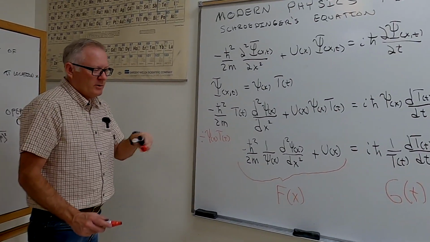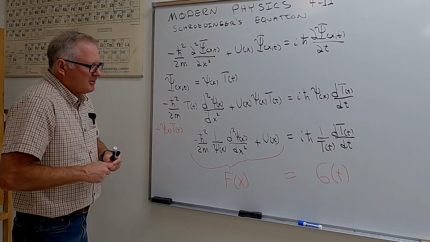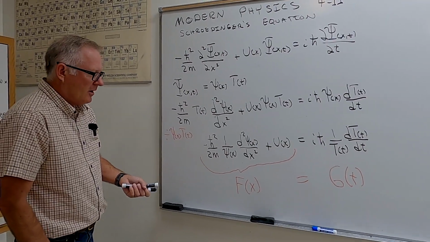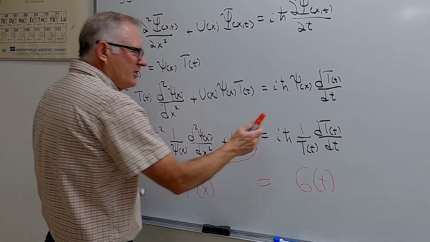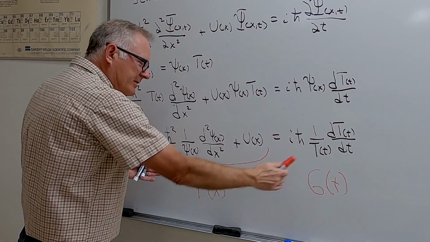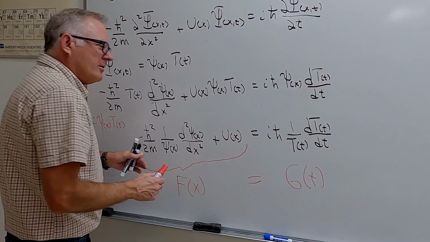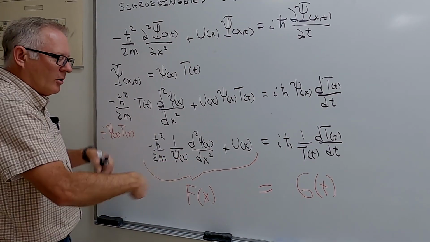And these are equal to each other. This equation has got to be true for all x's and all times. So if I kept x fixed and just changed the time, this equation should still hold. Or if I just kept time fixed and changed the x, this equation should still hold right here.